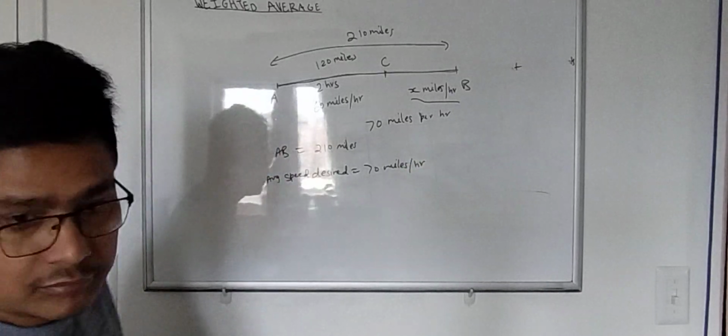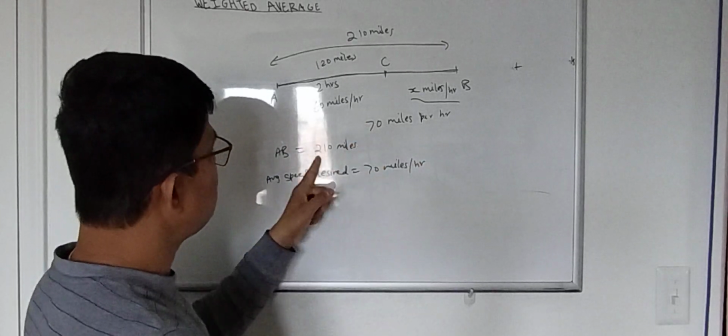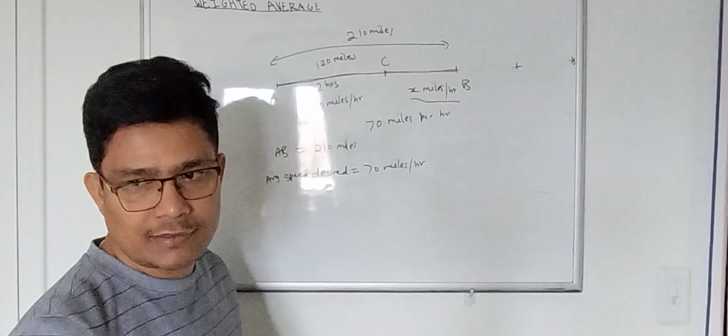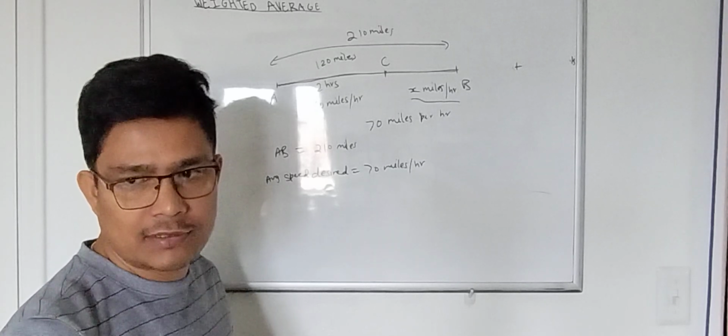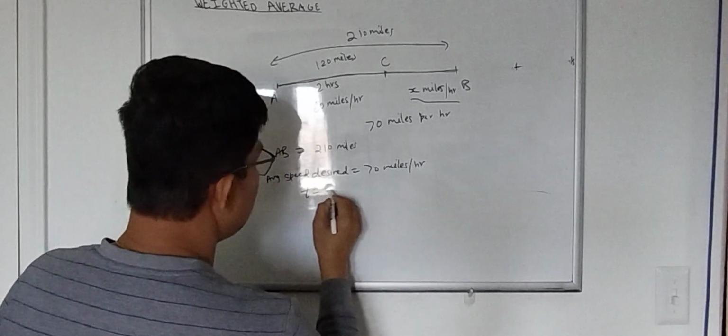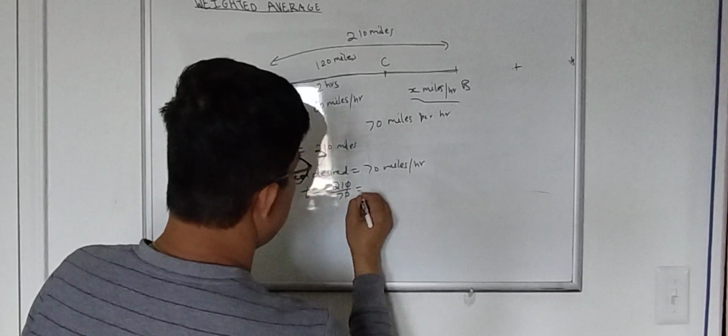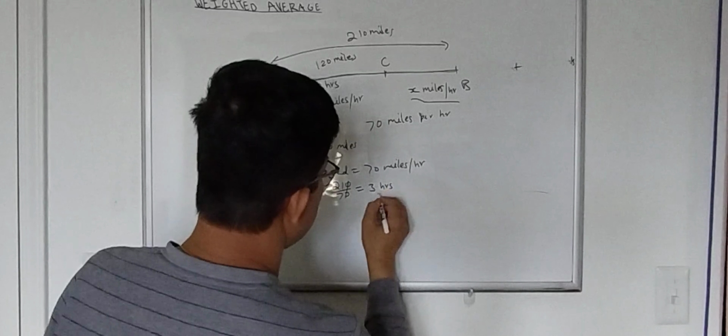So if the average speed desired is 70 miles per hour and the total distance is 210, how much time should it take to cover it? Good job. Time will be distance divided by speed, which is 3 hours.